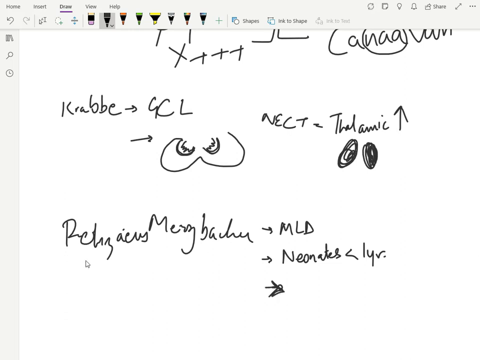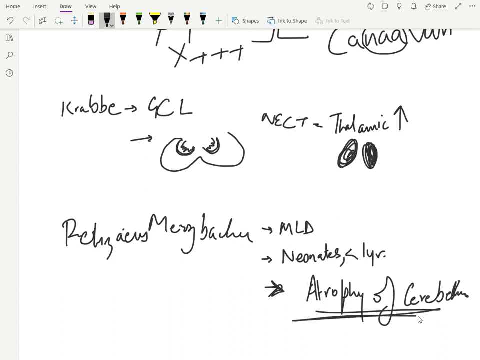Now, this Pelizaeus-Merzbacher syndrome is very similar to MLD, and it involves neonates and children less than 1 year old. One of the characteristic findings is that there is atrophy of the cerebellum. That's how you can differentiate it from MLD.